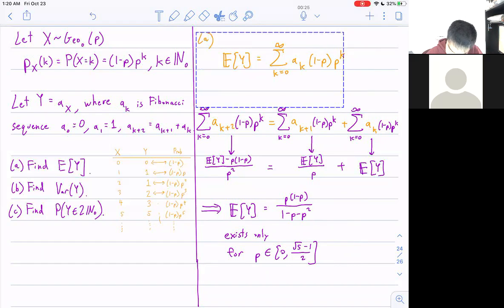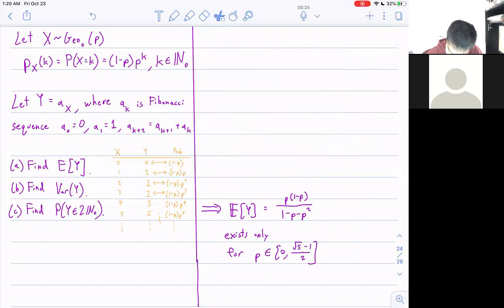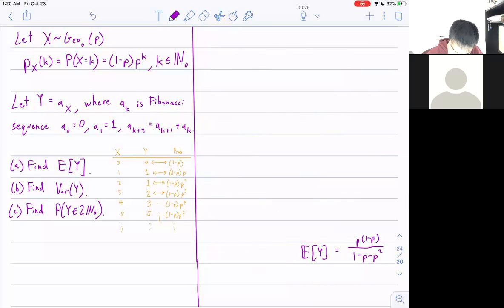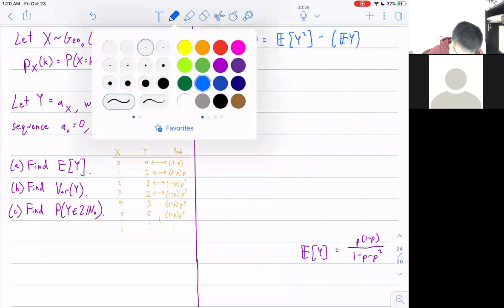So let's do part B. I'll leave this here for now, as you'll see. So for part B, we'll use blue. I want to compute the variance of y, which we know to be the expected value of y squared minus the expected value of y, entire quantity squared.